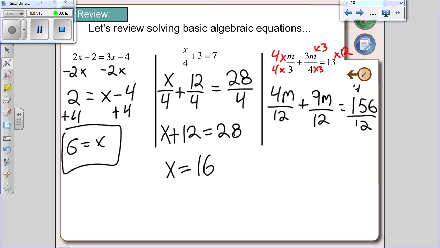What can we do? Get rid of all the denominators. Times everything by 12. All the denominators go away. Now you have 4m plus 9m equals 156. That means 13m equals 156, which means m is equal to 12.